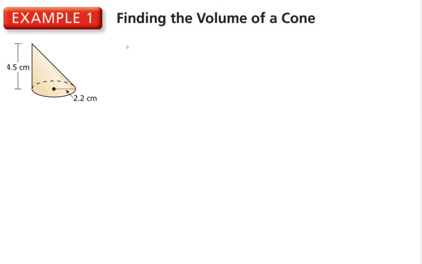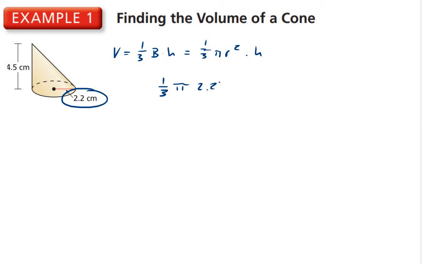So finding the volume of a cone. All right, remember volume was 1/3 base times the height, and that's 1/3 pi r squared times h. All right, and we know the radius is 2.2, so 1/3 pi times 2.2 squared. This is an oblique cone, but they've given us the height here, 4.5, so that's times 4.5.